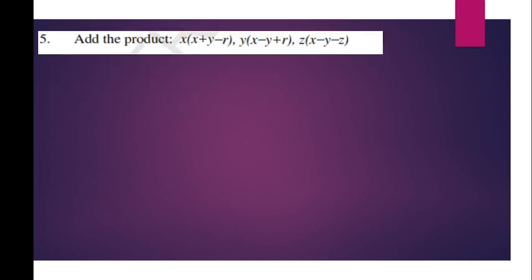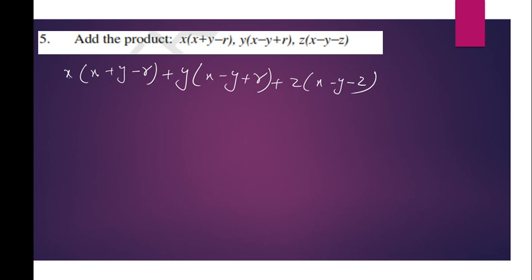Now find the product. Add the product x into x plus y minus z, plus y into x minus y plus z, plus z into x minus y minus z. Okay, now multiply x inside, x into x, x square, x into y, plus into plus x into y, xy. Now no sign means positive, minus into plus, minus zx, plus into plus xy, plus into minus, minus y into y, y square.